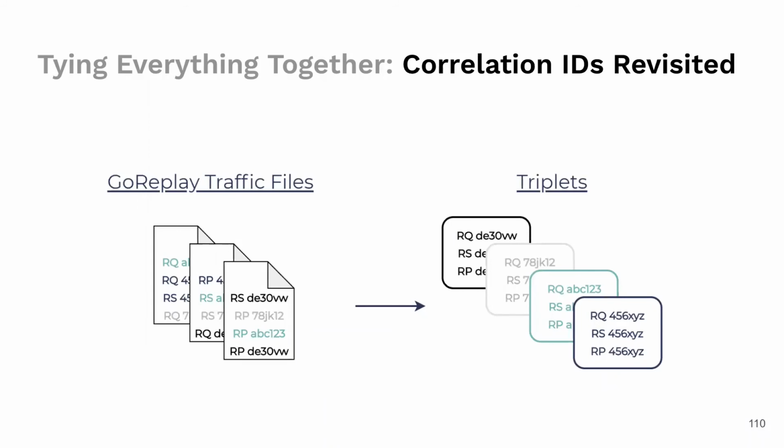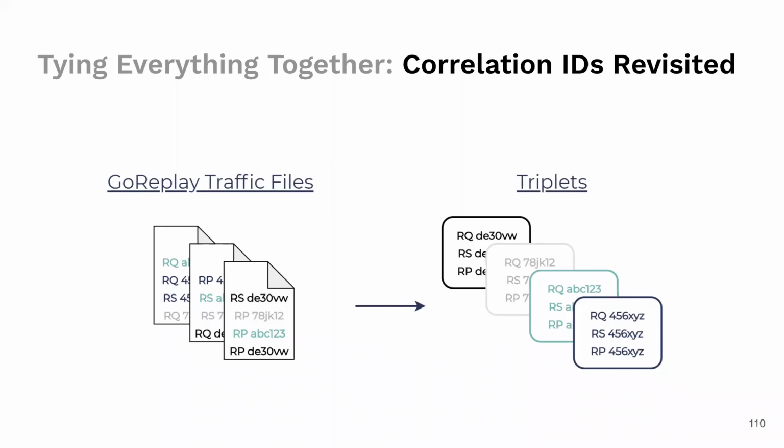Once again, we have some help. Conveniently, these 3 components of a triplet are actually exactly the information that is included in GoReplay's traffic files, our upstream recording and replaying tool. So all the 3 pieces are there in GoReplay's traffic files, but they are spread out all over the place.